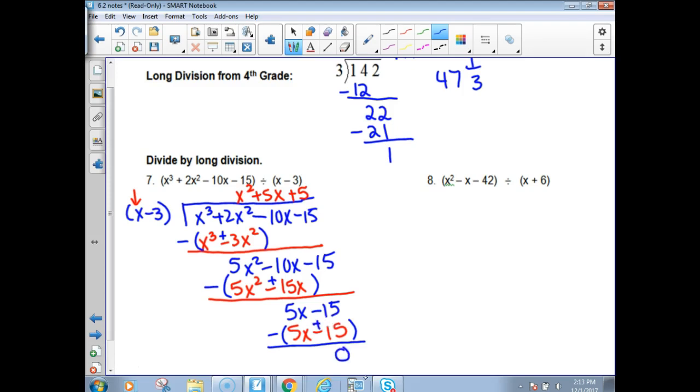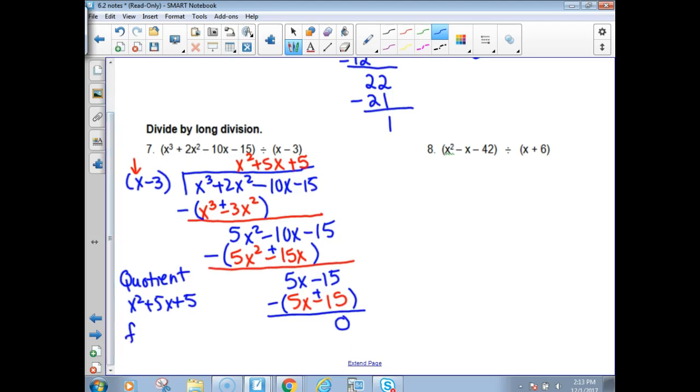Okay, now, a couple of things I want to bring up about your answer. The quotient, which is the answer to a division problem, in this case is what's up here, x squared plus 5x plus 5. There's also a way to write this in a factored form.